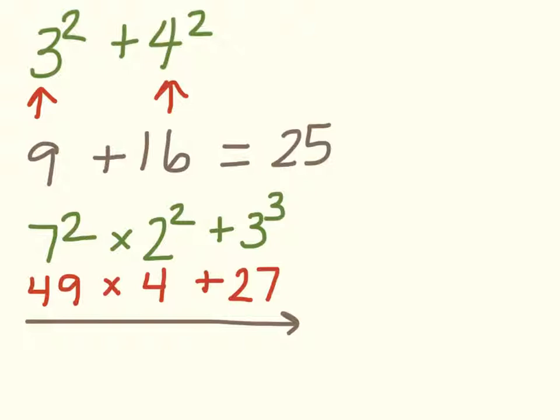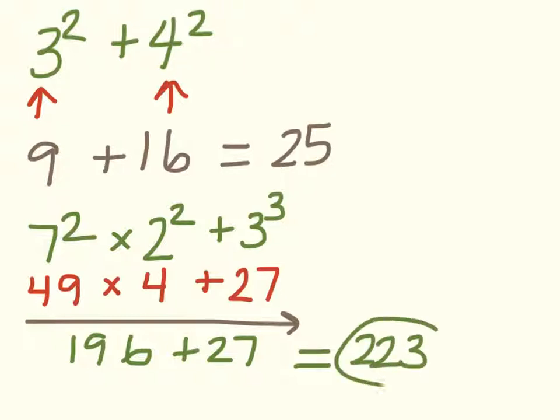I ended up with 4 extra by rounding to 50. So 196 is my answer here, plus 27. Now I can complete this problem by taking 196 plus 27 to get an answer of 223. Okay, let's try one more together before you try some on your own.